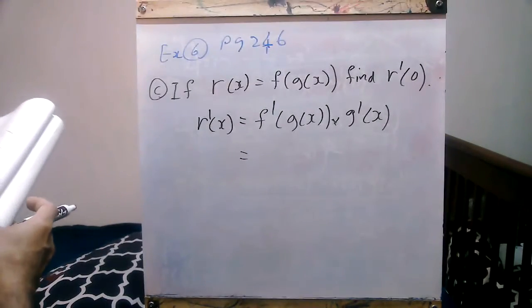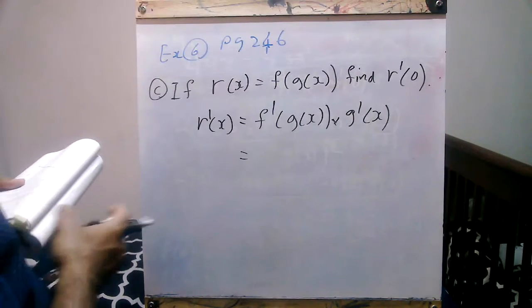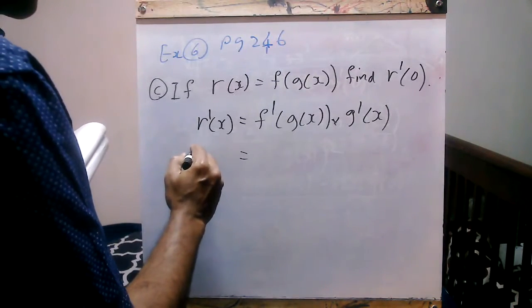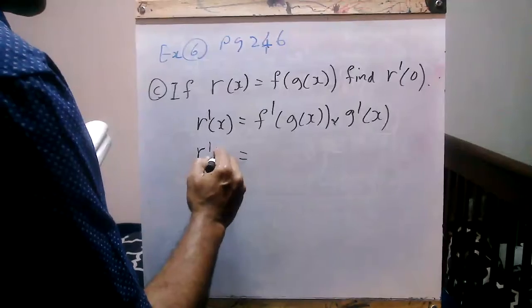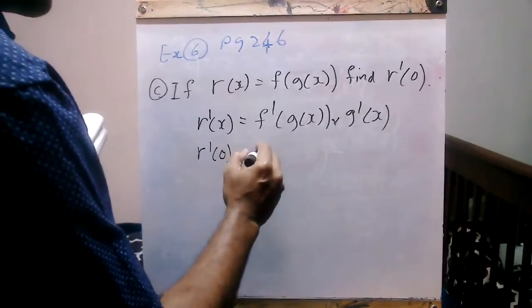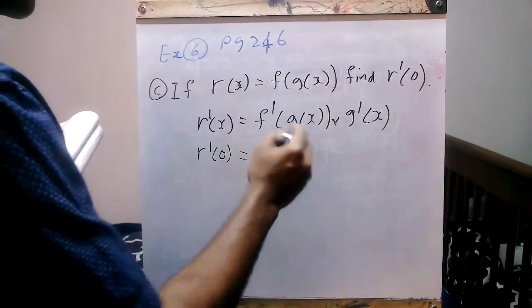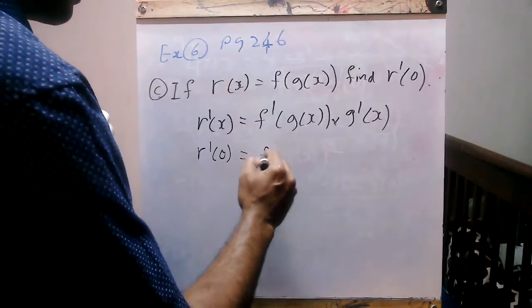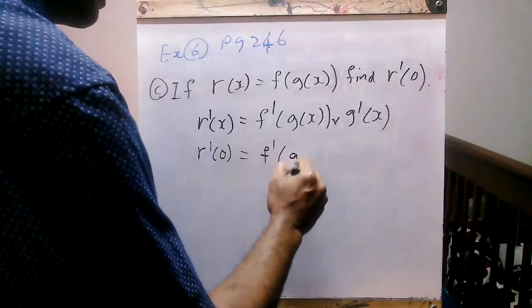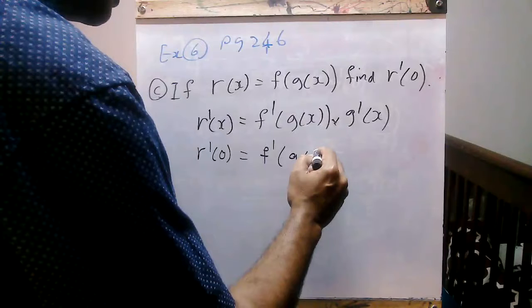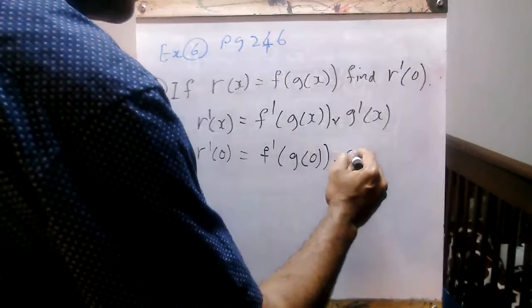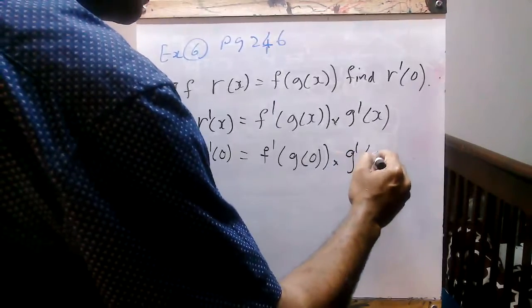Now we want r'(0). Substitute 0 for x: f' of g of 0 times g'(0).